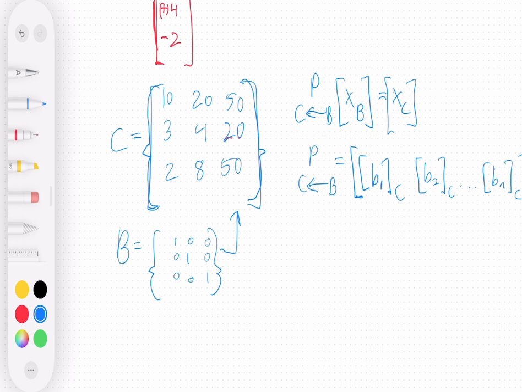That means we're going to multiply all of these old vectors in our basis B with the corresponding transformation in basis C. So we're going to create this augmented matrix, where if we want to find P of C from B, we're going to do C1, C2, C3 augmented with B1, B2, B3.